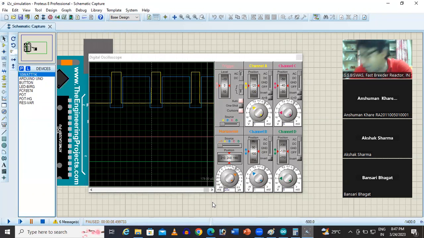So what is basically provided as protection is that these two pulses will be taken to an AND gate. And if both the pulses are on together, then the AND gate will give a high output.